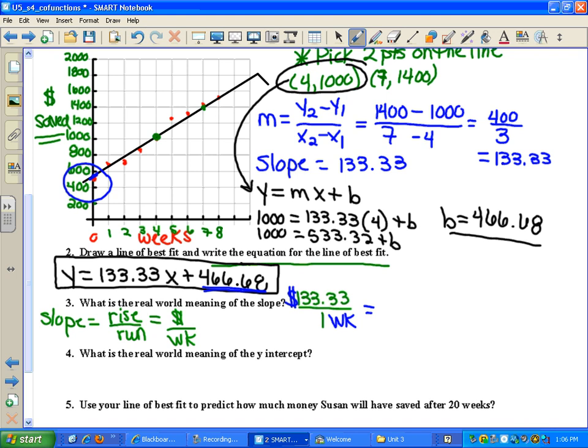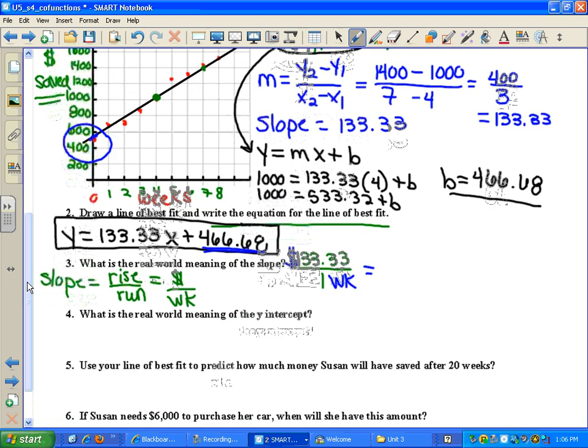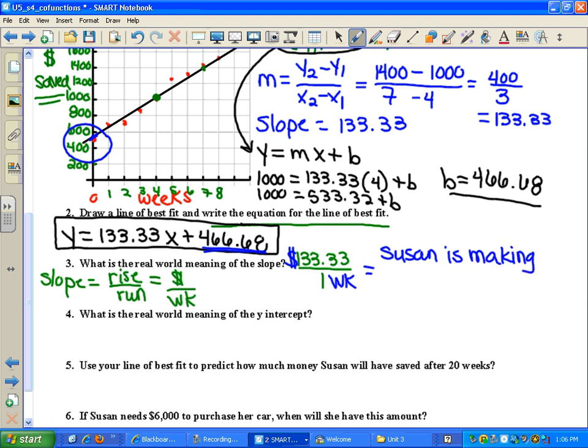What this is telling me is that Susan, her name is Susan, is making $133.33 per week. That's what my slope is telling me. On average, she is making $133.33 per week.